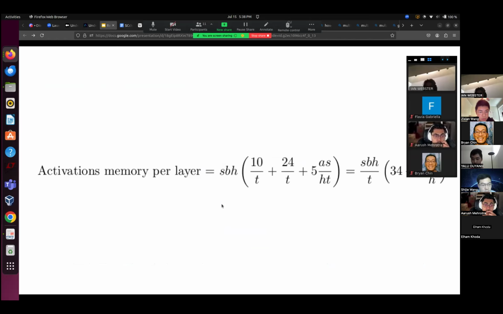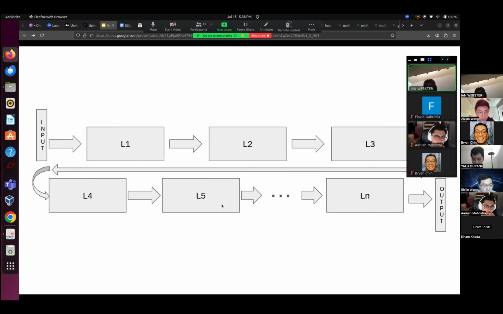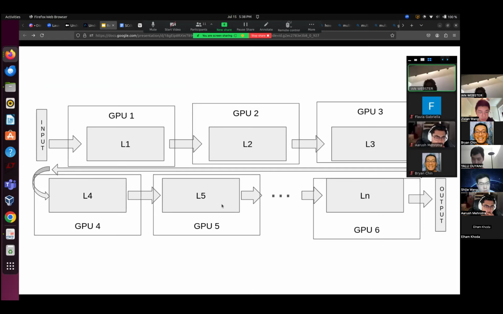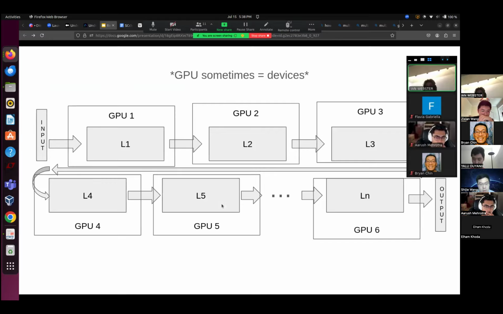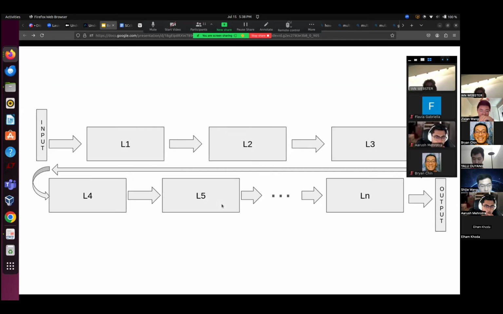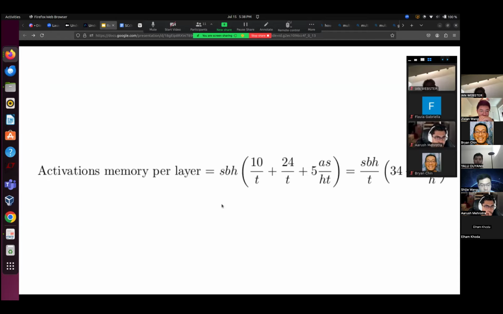Sure, if you want. Just as a heads up, this is what the slides look like. You can just start from slide 39. Can you also display all of the GPU numbers?